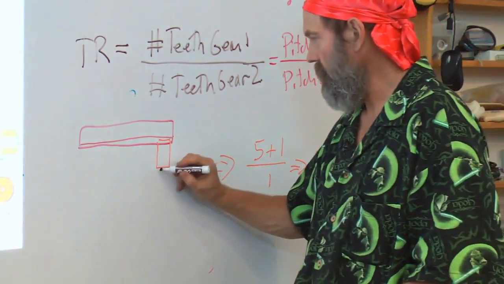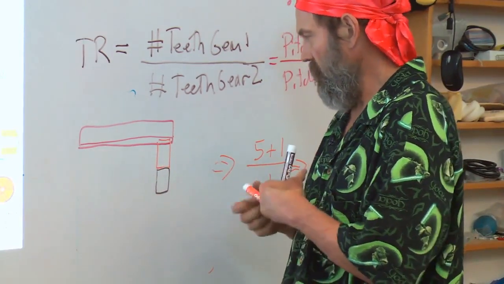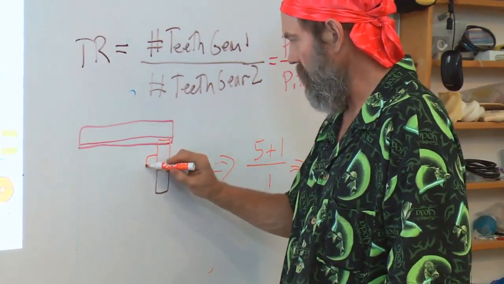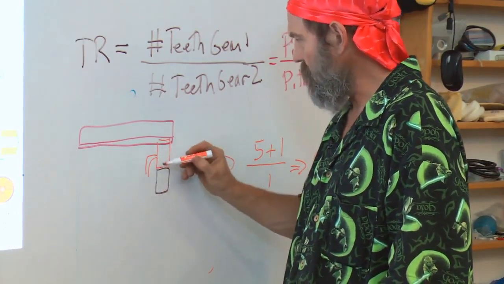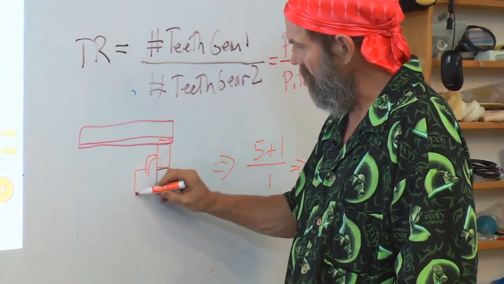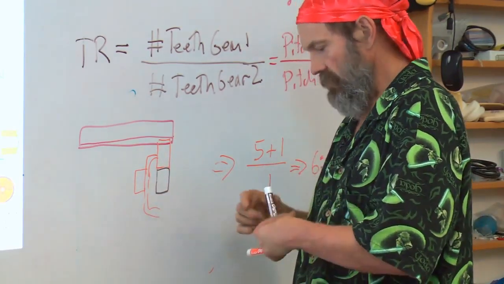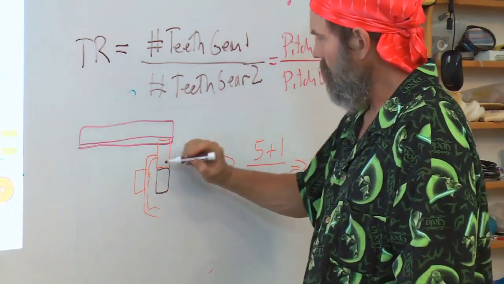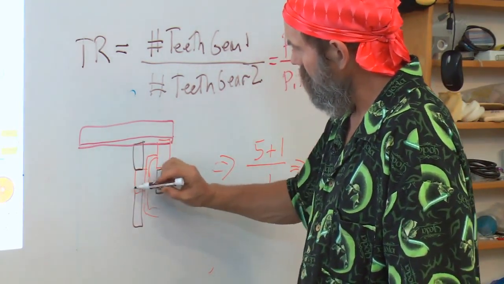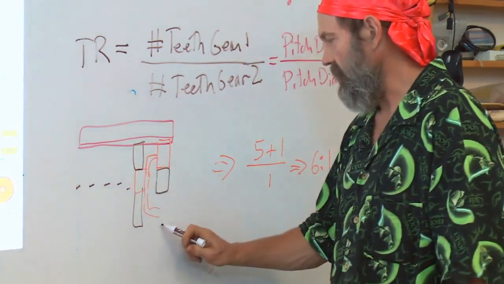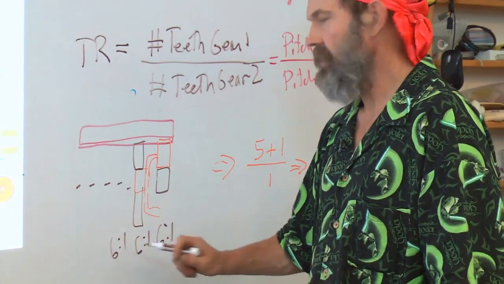Here is a sun gear. And lo and behold, the planet carrier here comes around and drives the next sun gear, which drives the next set of planets. So I could get 6 to 1 each stage.